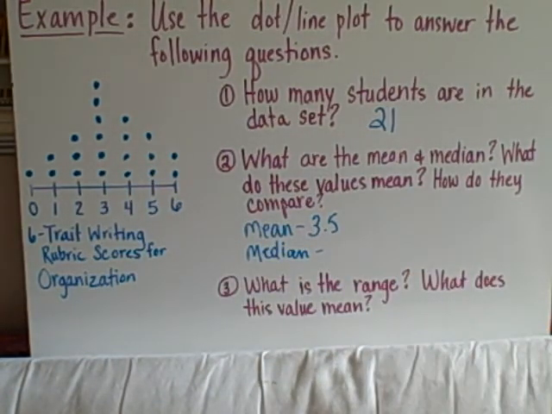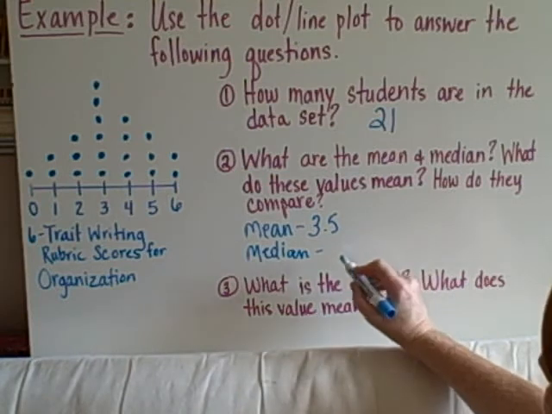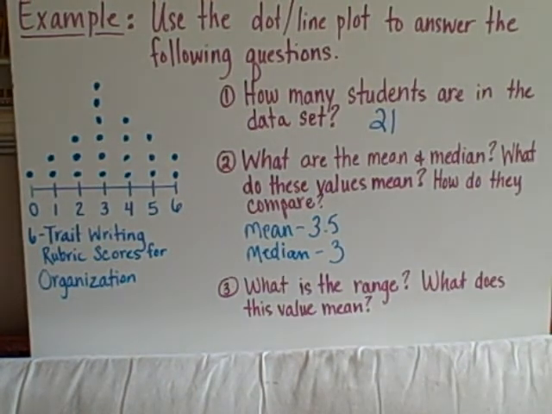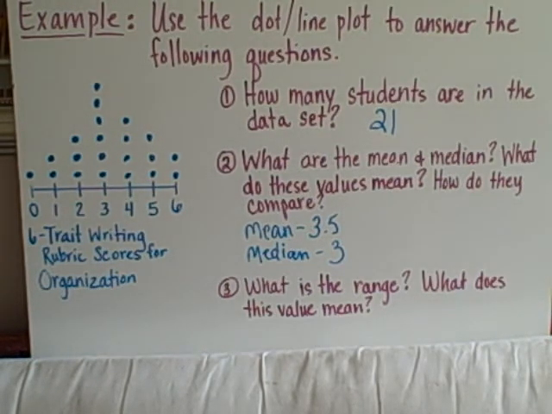In this case, the one that would be right in the middle would be a 3. What that's going to tell me is that 50%, because the median is half, 50% of the students scored 3 or higher, and 50% scored 3 or lower. Because if you stretched everything out, you would see that 3 that is the middle, there are some 3s on either side of it.